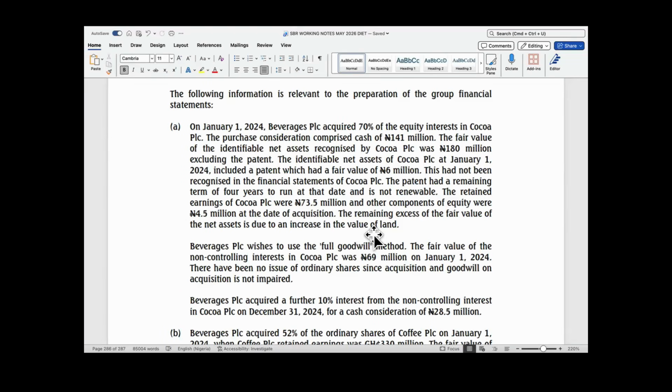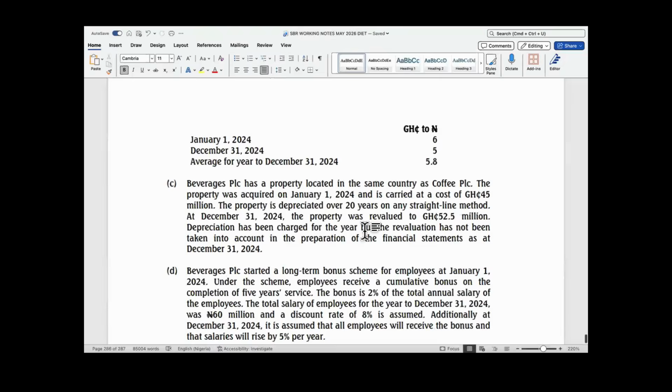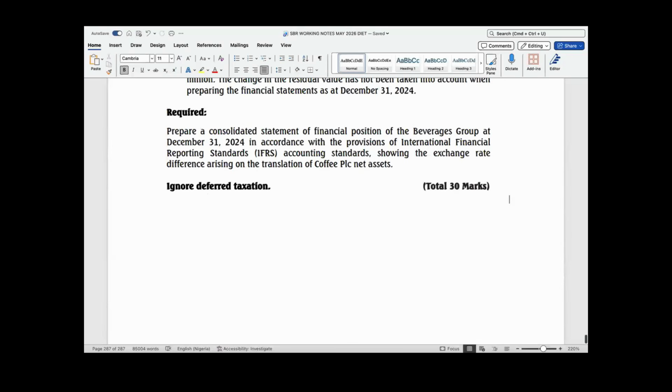And I can quickly sort that almost immediately, because that is all it is needed for. So I know for sure that Beverages acquired 70% in Cocoa PLC. Hence, NCI has 30%. I see in a lot of places, people drawing diagrams, drawing structures.